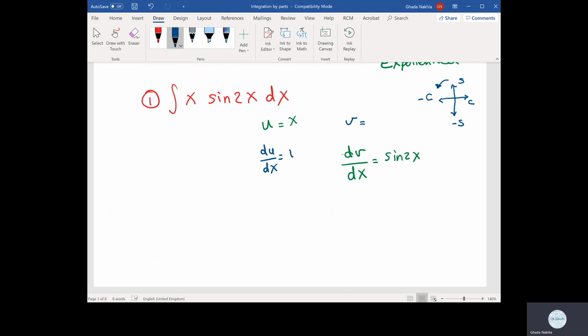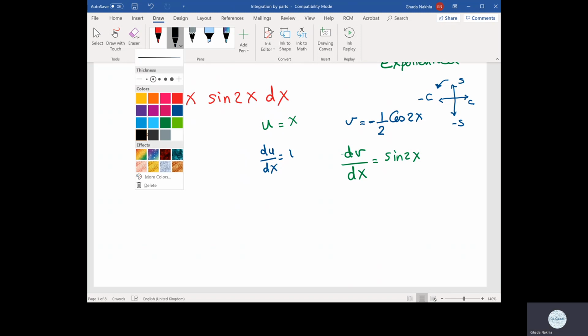If you watch my other videos about differentiation, we differentiate from the other side, from this side here. But today we are integrating, so we're going the other way. So we are integrating sine, and to integrate sine, you get minus cos. So if you're integrating sine kx, you get minus 1 over k cos kx, k is 2. So it's minus a half cos 2x.